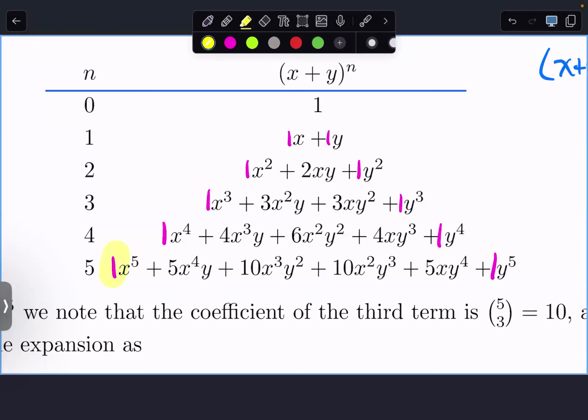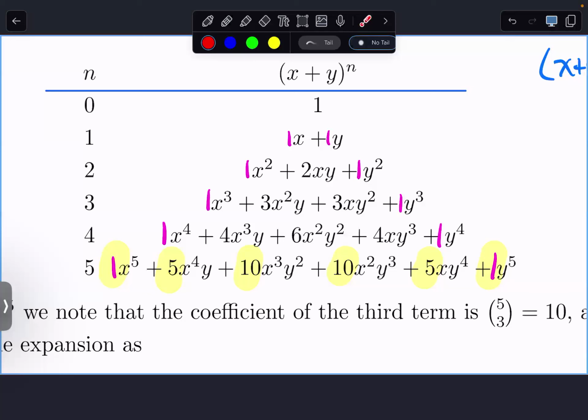Does this look familiar? 1, 5, 10, 10, 5, 1. We just saw that. So what could it be? 5 choose 0, 5 choose 1, 5 choose 2, 5 choose 3, 5 choose 4, 5 choose 5, maybe?